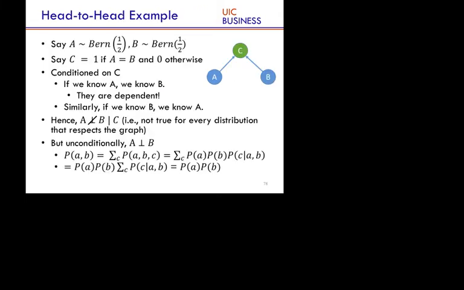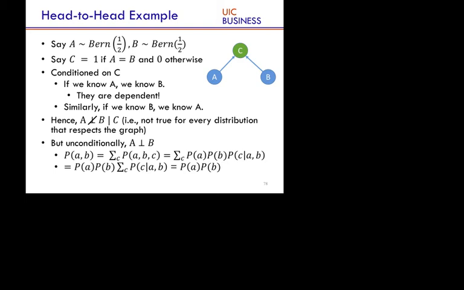So for example, let's say the head-to-head example is interesting. Let's say A is a Bernoulli random variable with bias half, and B is a Bernoulli random variable with bias half. Then let's say C is 1 if A is equal to B and 0 otherwise. I flip a coin here. C is just a deterministic function of A and B. That is also a random variable. Function of a random variable is a random variable, right?